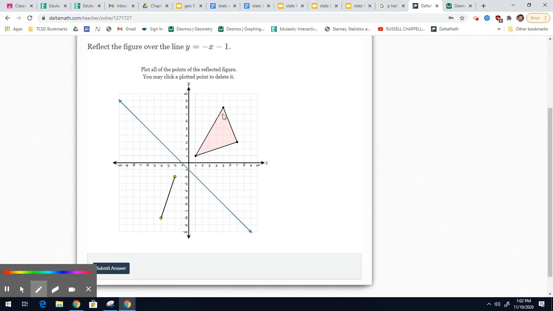Last time with this point, count the slope. 1, 2, 3, 4, 5, 6, 7. So it landed evenly on the line. So now count 7 more slopes. 1, 2, 3, 4, 5, 6, 7. And there is the other point. Boom. And there you have it. There's my triangle reflected across that line.